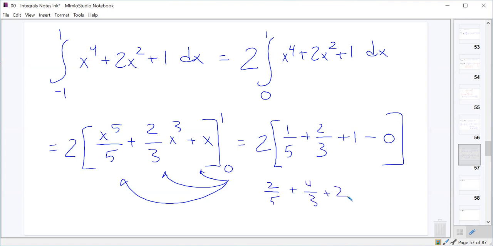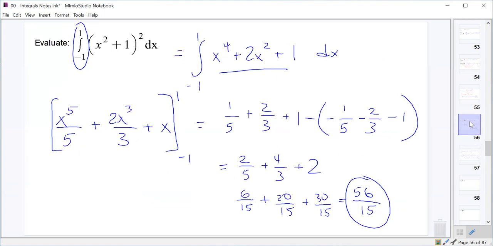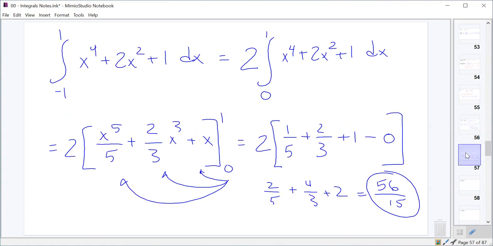We end up with the exact same thing that we had with the previous one, which was 56 over 15. Same thing we had here, 2/5 plus 4/3 plus 2, came out to be 56 over 15. And you don't have to deal with all those fractions the second time. Right? You just subtract 0.